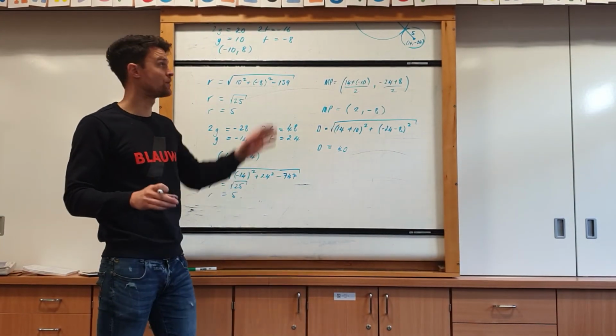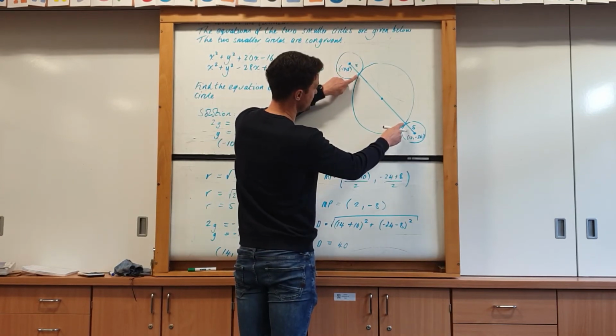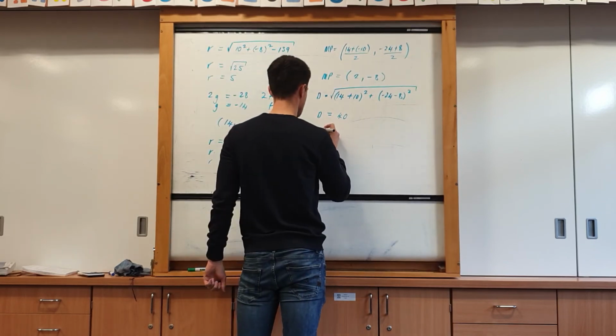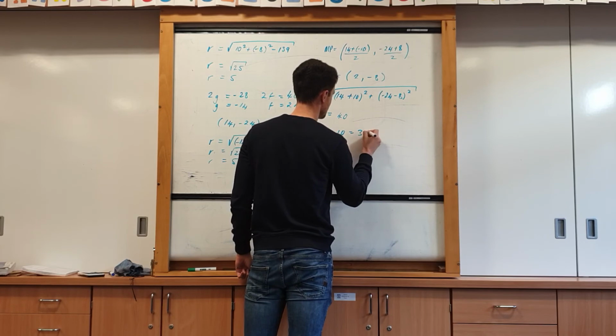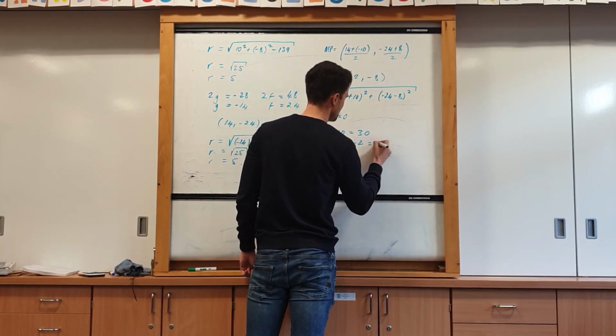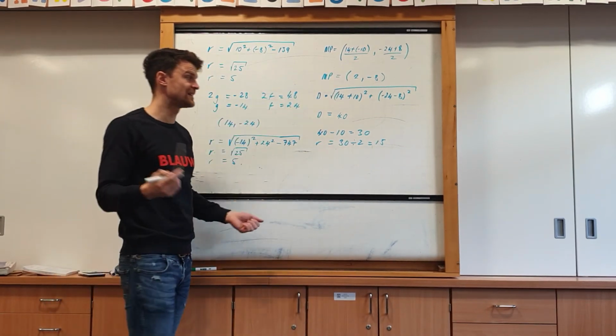Okay, so now, like I said, all I'm going to do is take away my 2 radii, which is take away 10, and then halve my answer, and that'll get the radius. 40 minus 10 is going to give me 30. So the radius that I want is going to be 30 divided by 2, which is going to be 15. Okay, so I've got my radius, I've got my centre.